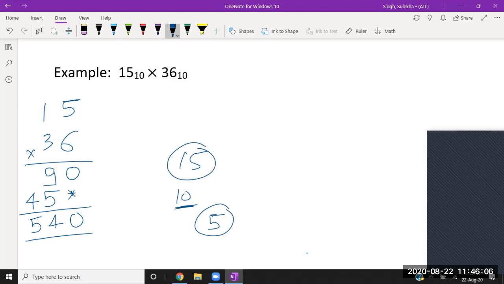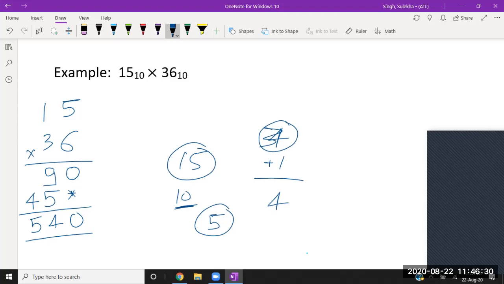Whenever you multiply 3 with 1, that is 3, and you can't extract a 10 from it. So 3 itself is the number, plus that carry, and you land with 4. So you write 4.